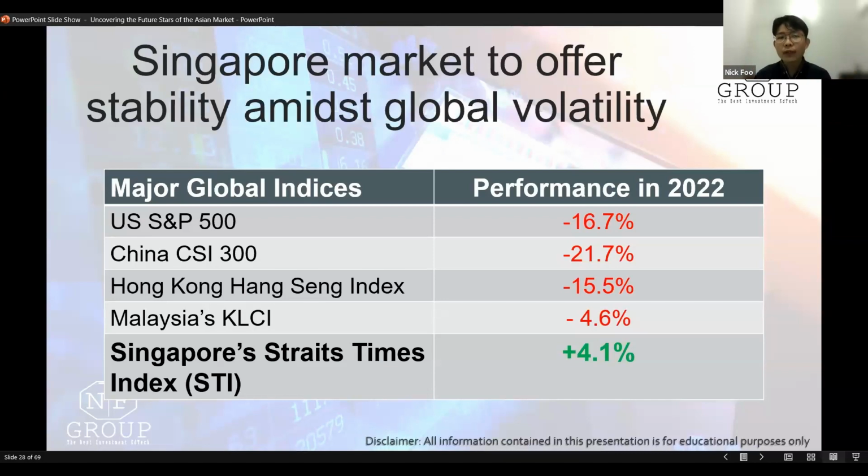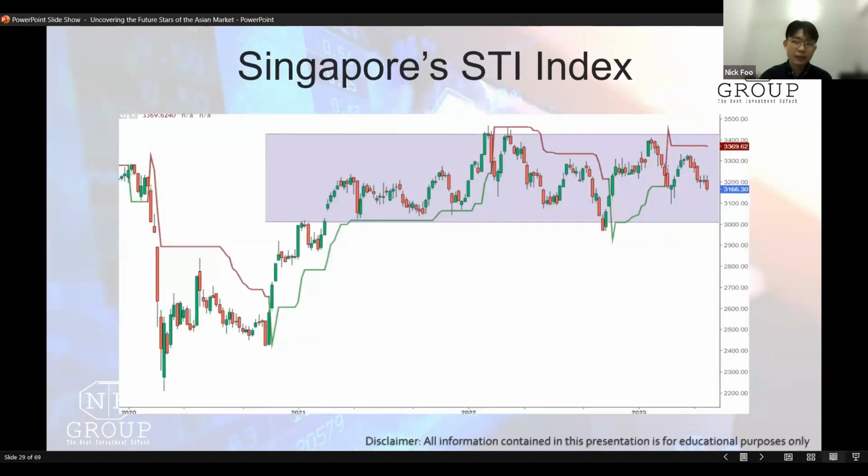the Singapore market is offering stability. Now, if you are unable to take high risk, you can go for a stable stock, and the Singapore market can offer you that. Ladies and gentlemen, if you look at recent market performance, Hong Kong and Malaysia are all the way down.